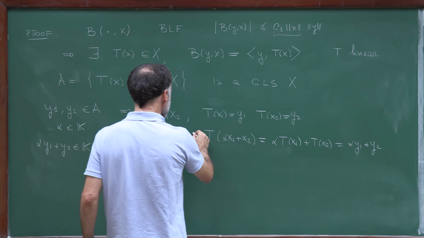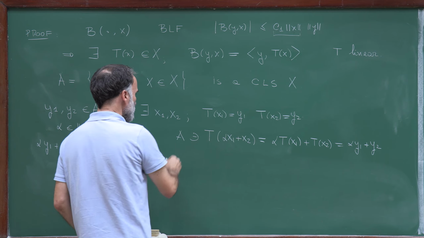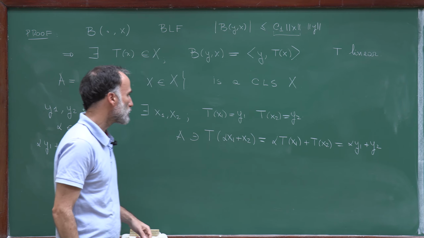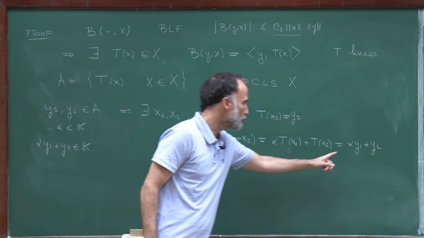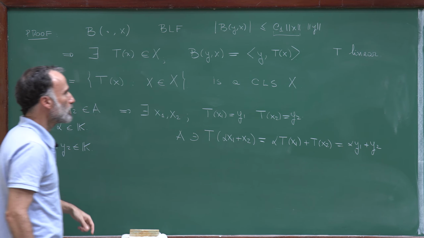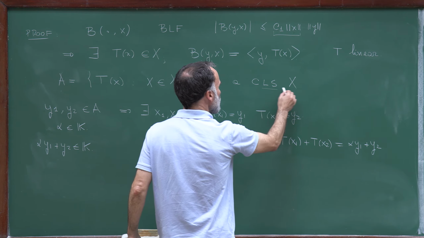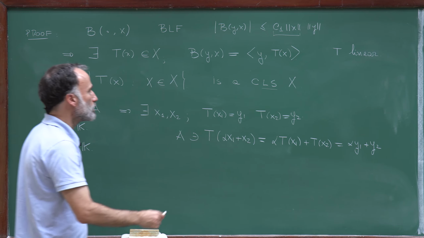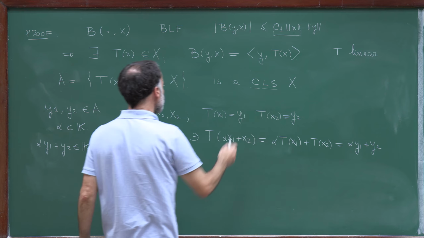This is an element of A because it's the image of αx1 + x2 by T, and therefore αy1 + y2 belongs to A, and that proves that A is a linear subspace of X. Now I want to show that this linear subspace is closed.